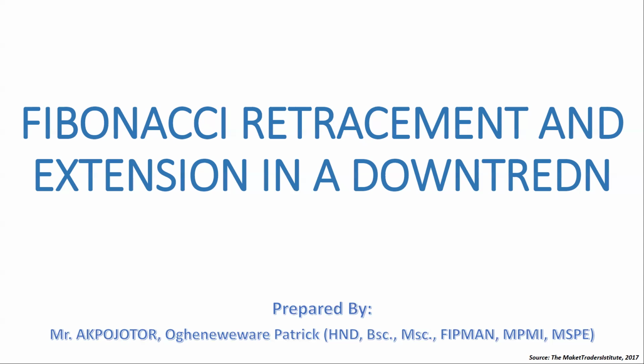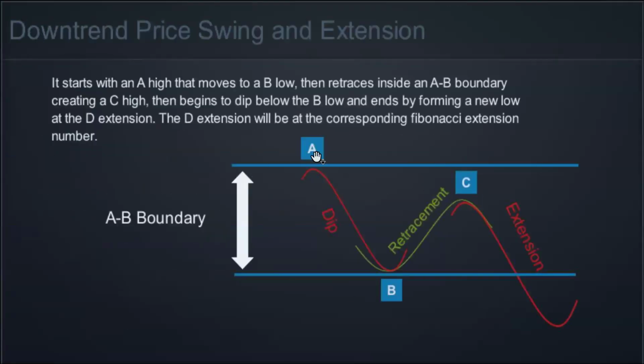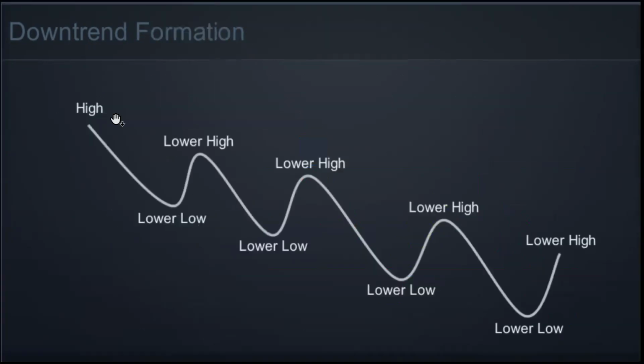In a downtrend, similar to an uptrend, your A is up, your B is down, your C is up, your D is down. So this is A, B, C, D. Once you start getting lower highs in your chart, you know that the market is selling. Once you get higher highs, you know the market is buying.